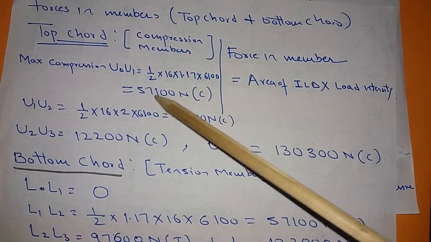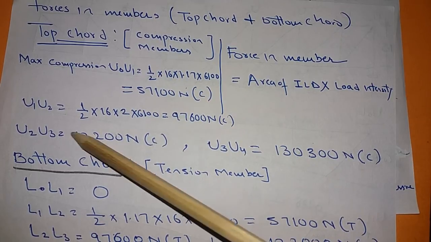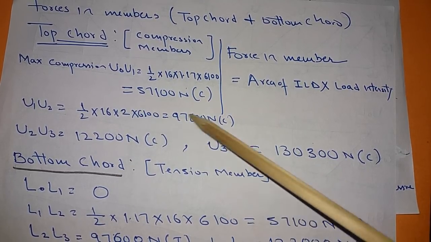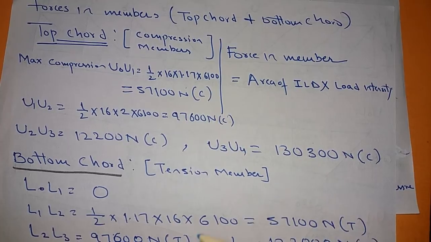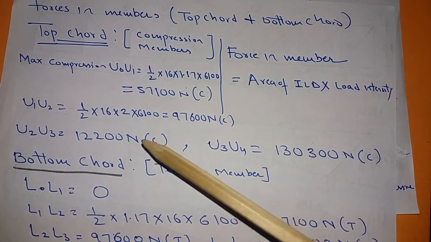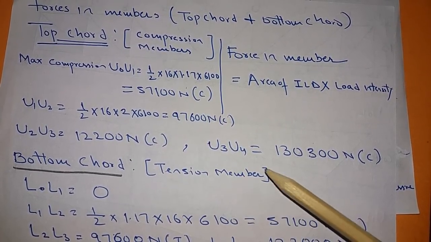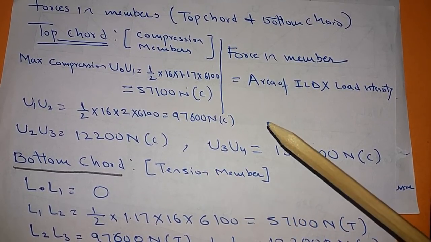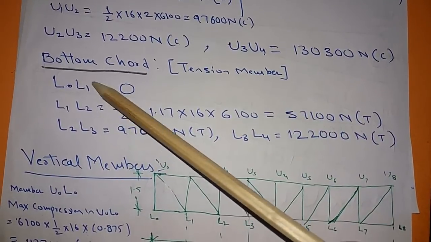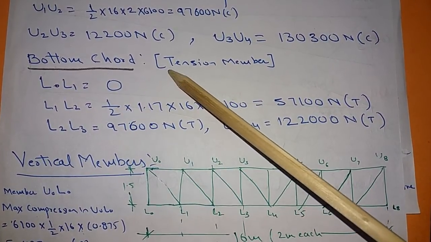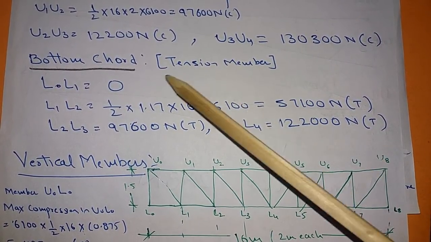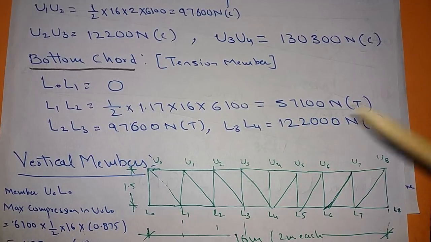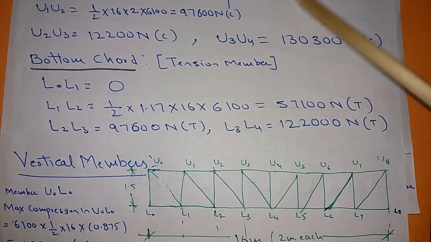So you can calculate all those forces according to the same formula. You have to choose the member which is under maximum force. So for that particular one, you have to design the member. The same will be followed for bottom chord also. Bottom chord is in tension, this is the only difference. So you can calculate all those forces.